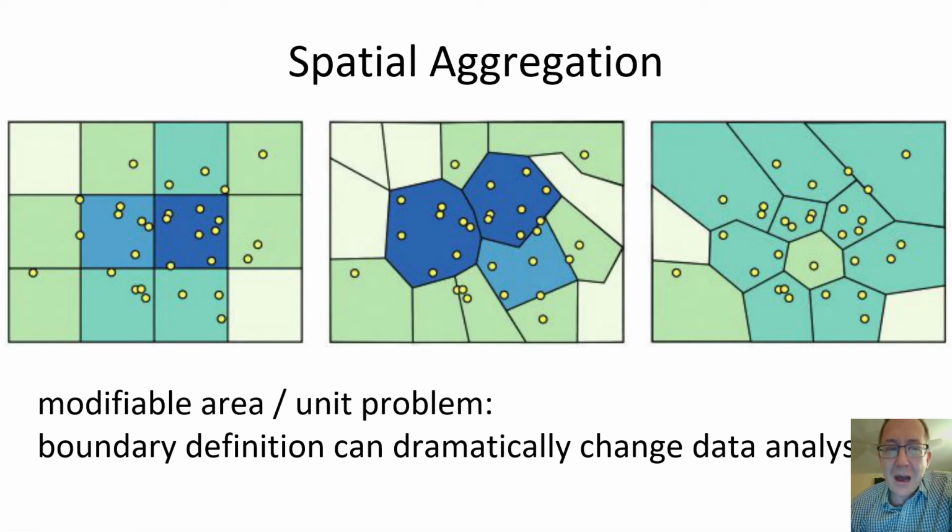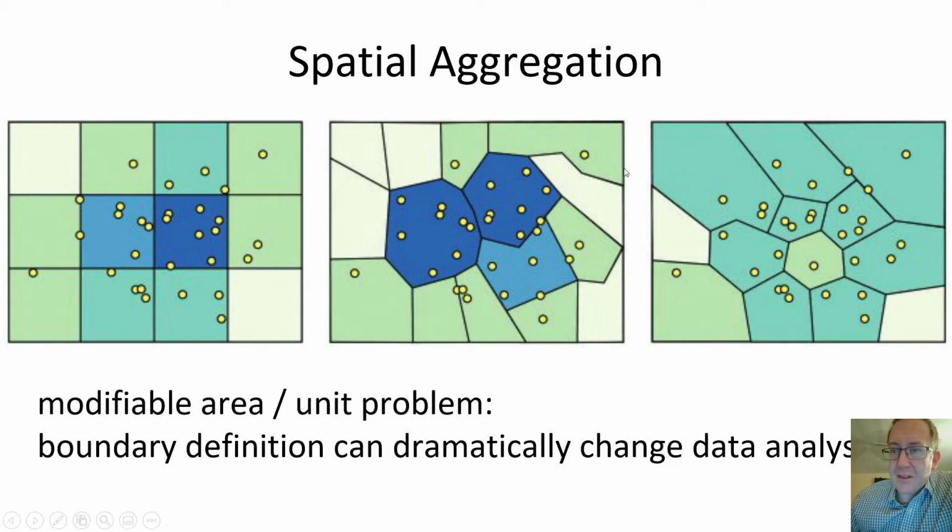So how I actually bucket, or carve up, this space changes how I deal with the data. I can't just randomly choose things. This is very similar to when we're looking at continuous fields, or how sampling affects a visualization. With spatial aggregation, how I carve up the space changes what the data looks like.